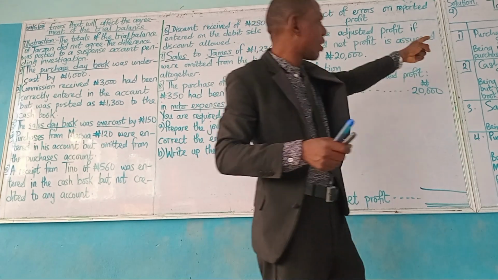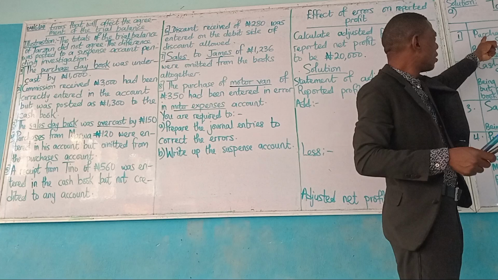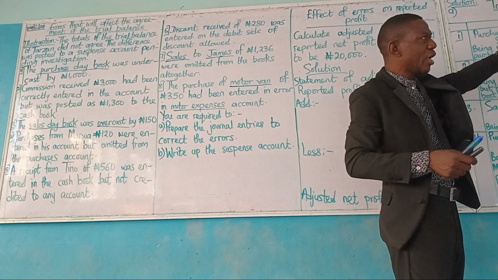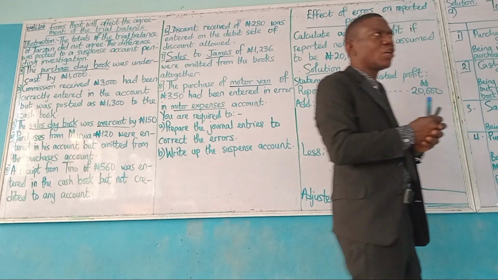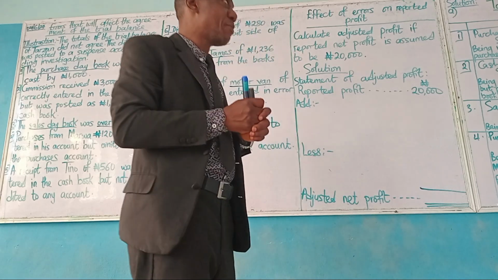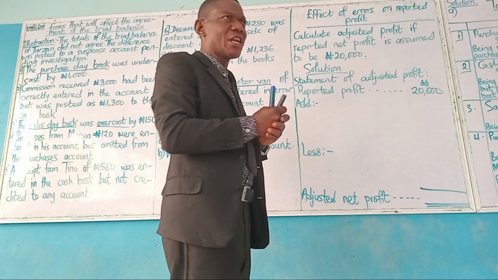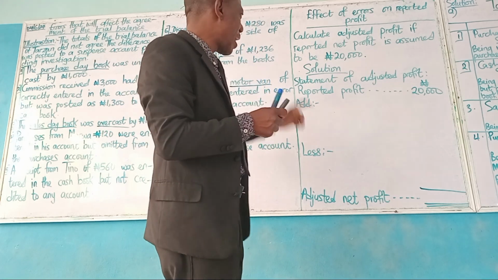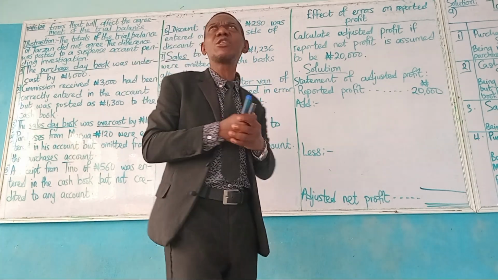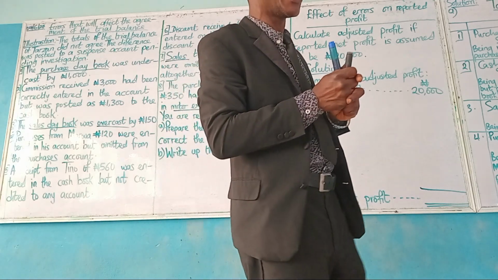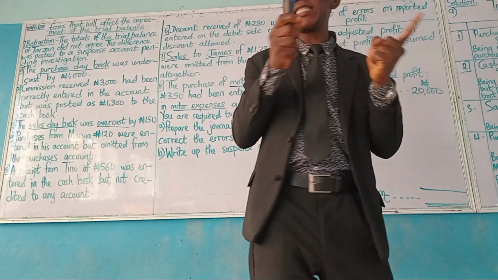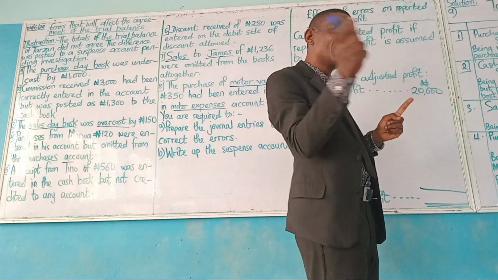So which means, if you look at purchases here, we debited purchases in the journal in the last video, which means we increase the purchases figure by 1,000 naira. Now, if we increase the purchases figure by 1,000 naira, then what effect does the purchases figure have in the trading account?